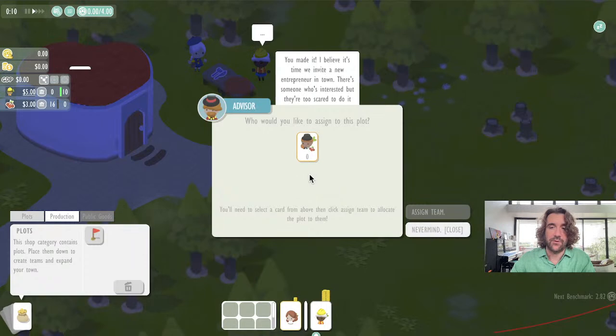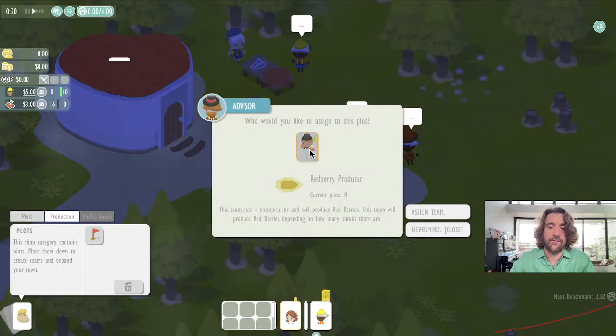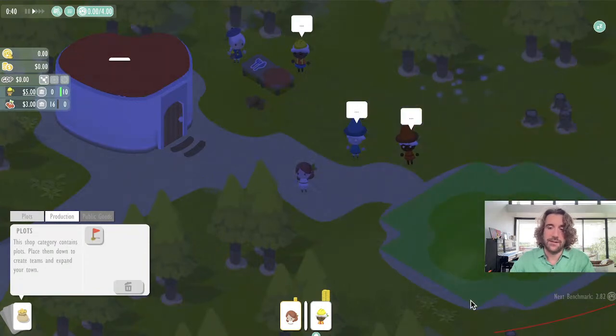In this particular case, you don't have a lot of choice. When the game becomes more complex, you will be able to choose among multiple types of people that you can invite into your economy. But to start with, you only have this producer of red berries. You can see its simple location presented here, and you can read a little bit about them down here. So I'm going to say yes, I want to assign this team, and then I can place it on the ground.